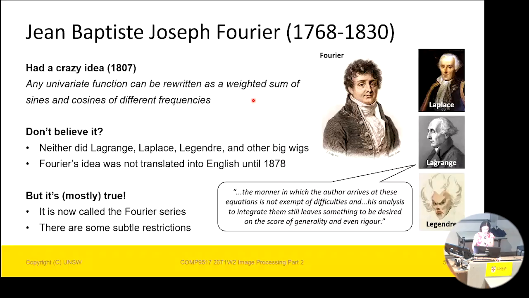What's good about this is that sines and cosines are like waves. Any sine or cosine function has a certain frequency. So if I have a function, we can use different frequencies to represent it.